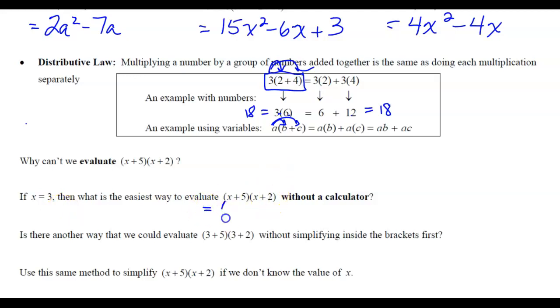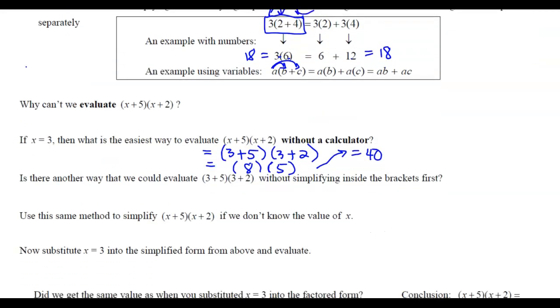We would put 3 in for x, and that's what it would look like. So order of operations says that we would have then 8 times 5, which is 40. That's pretty fast to figure out.